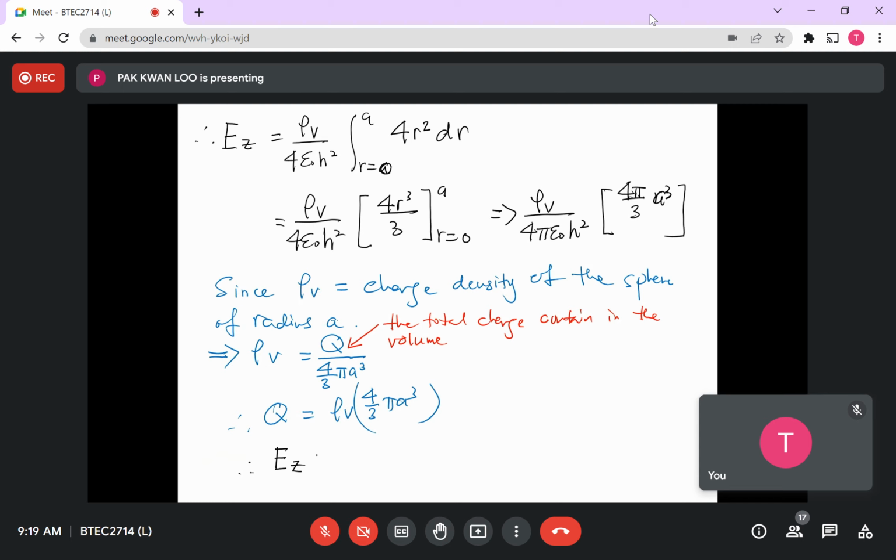the electric field at point P can be written as Q over 4 pi epsilon naught h square. So if we want to add a direction, the direction here is in the z direction.